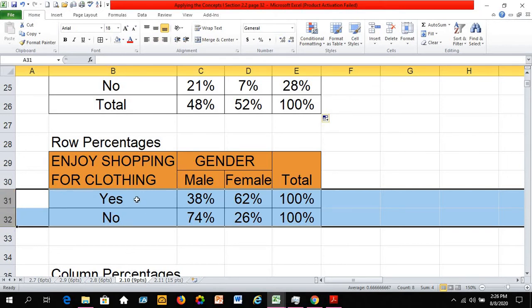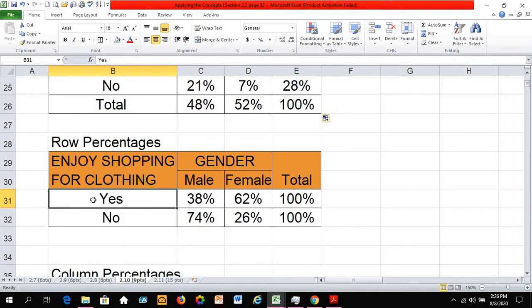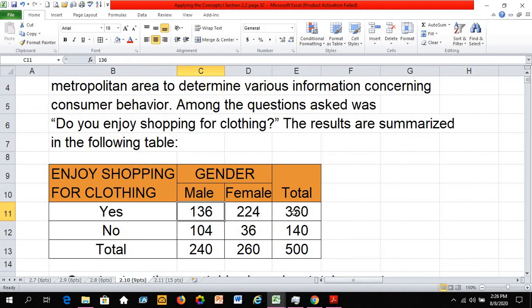We'll be talking about the rows, particularly how many said yes and how many said no. I have here my values. How did I arrive at these values? Notice my formula. It's C11 divided by E11. If I go back to this table, C11 is located here and E11 is located here. So I took the quotient of 136 and 360, then converted it to percent.